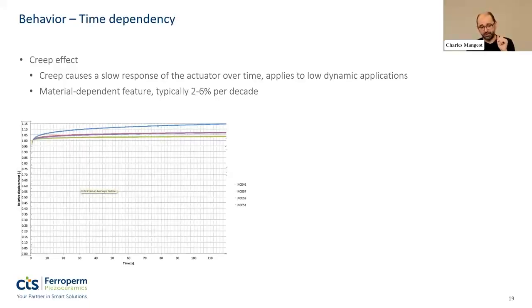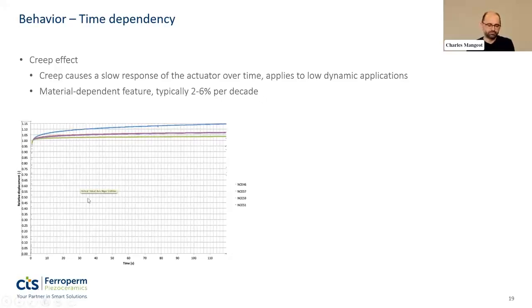And here we talk about time dependency, so that's also related to frequency. We have the creep effect, which means that a part of the actuator's response will be slow over time. And it says here it applies to low dynamic applications. It does also apply to fast applications, but it's easier to illustrate for slow applications.